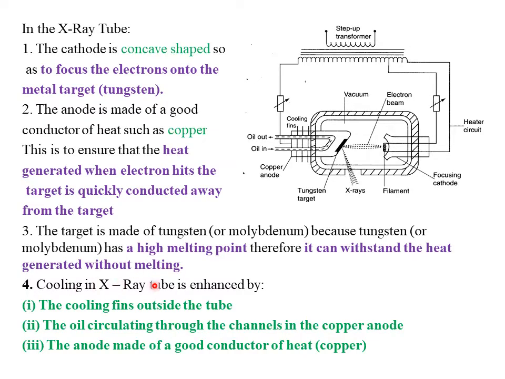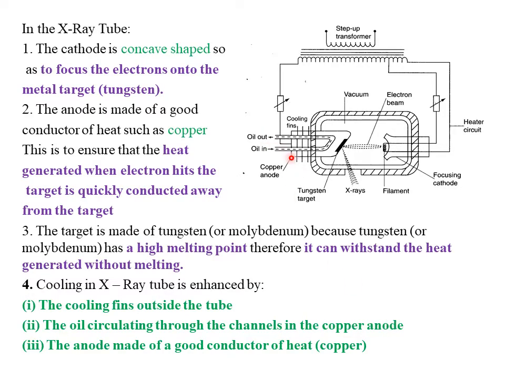Then the cooling in the X-ray tube is enhanced through the following. First, the cooling fins outside the tube. You can see we have the cooling fins which help in conducting away the heat, hence cooling the tungsten. Then we also have the oil circulating through the channels in the copper anode.